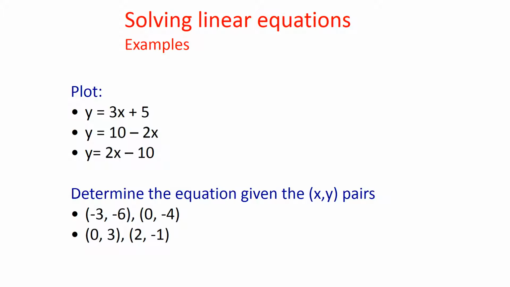We can minus 5 from both sides, which gives us 3x equals 5 minus 2x. Then we can add 2x to both sides, which gives us 5x equals 5. Then divide both sides by 5. That gives us this value of x, and then we can plug it into either of our equations to work out the y value where they cross.